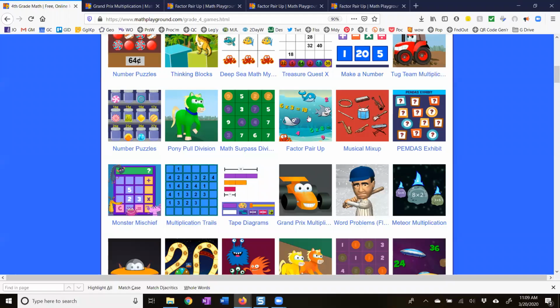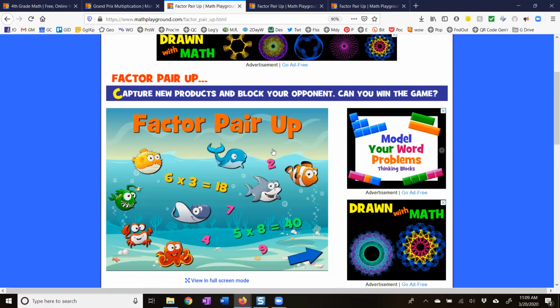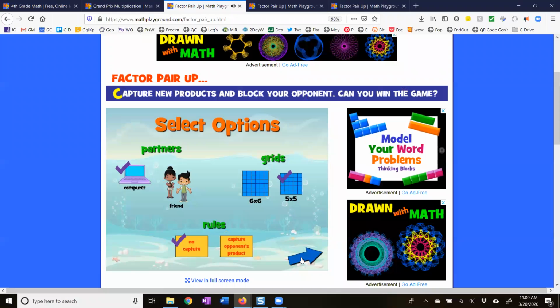Factor pair-up is right here. It's a 4th grade game, and it's going to take you to a page like this. And you can play against the computer or a friend. You might want to play this against your parents or siblings. You can have a 6x6 grid or a 5x5 grid.